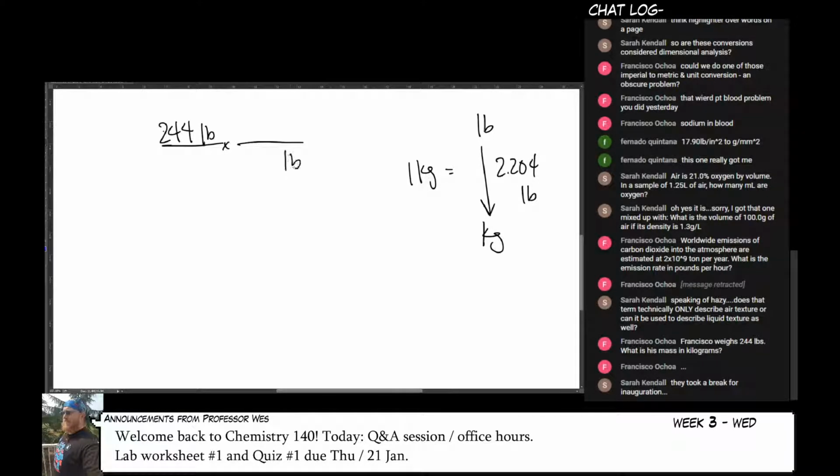So straightforward conversion, just punch in the numbers. 110 kilograms. Oh, that rounded to 111 actually. So there you go.